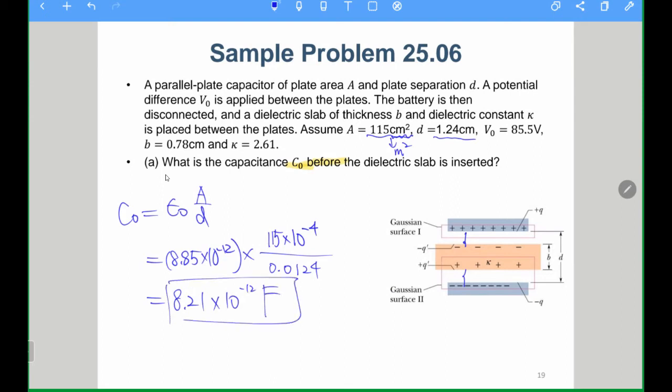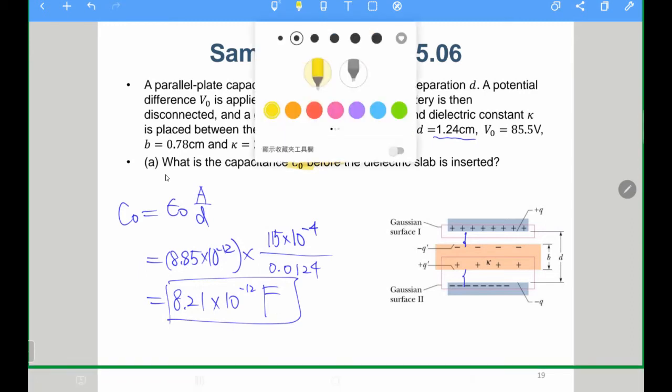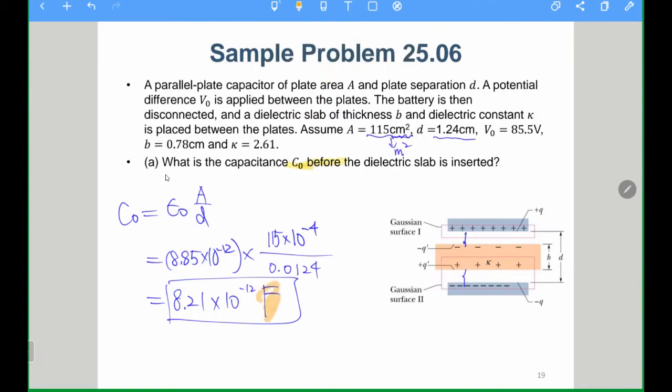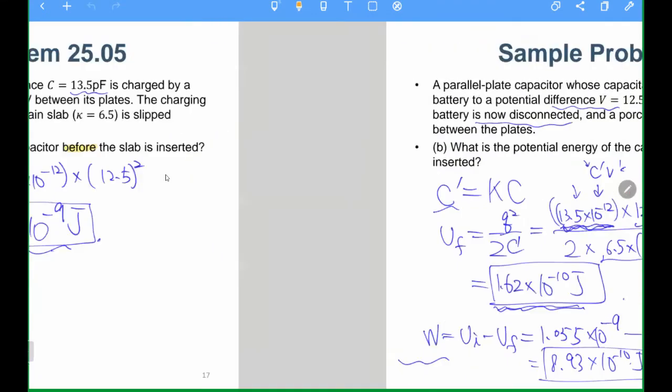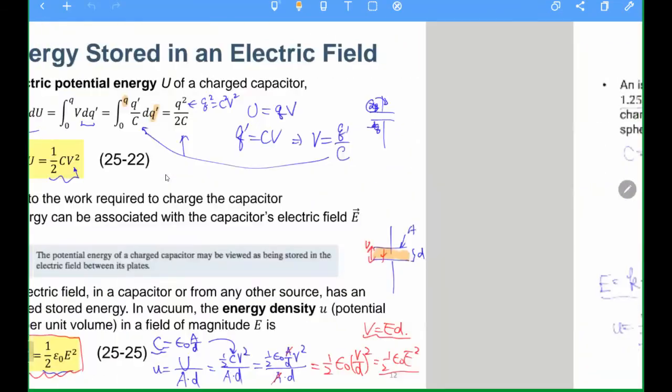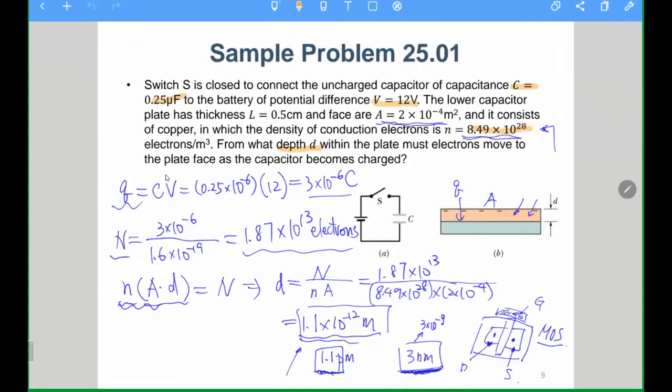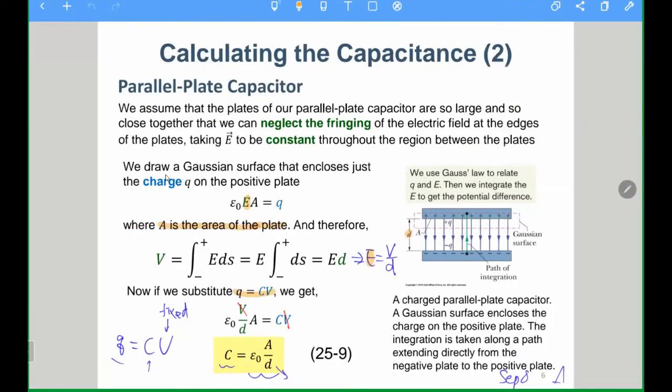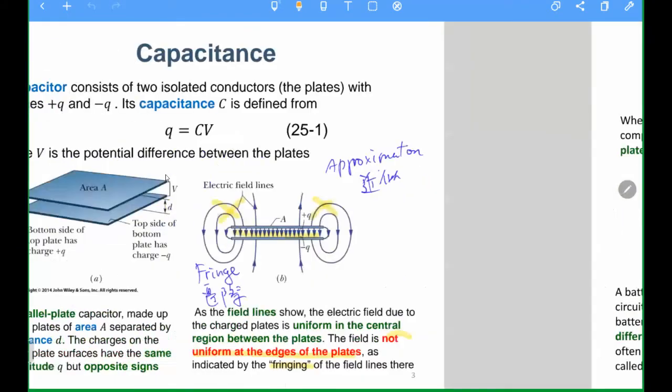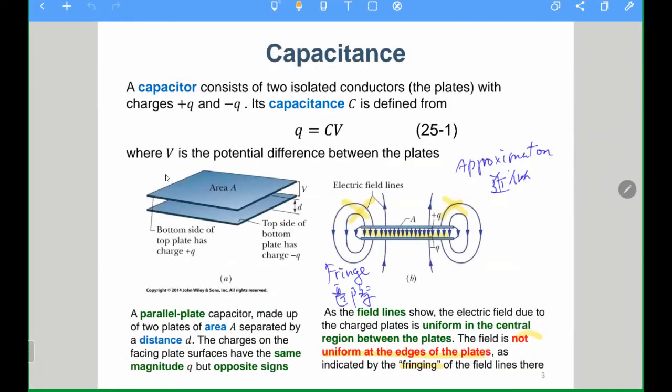I think I forgot to introduce the SI unit for the capacitance. So the SI unit for the capacitance is farad. Maybe I should introduce it before, slightly around, let's see, should be somewhere here. So the SI unit for capacitance is farad.